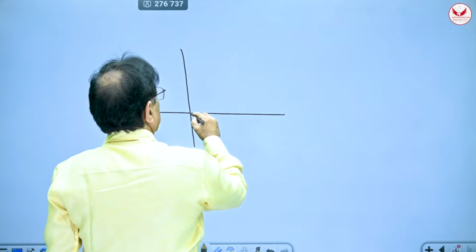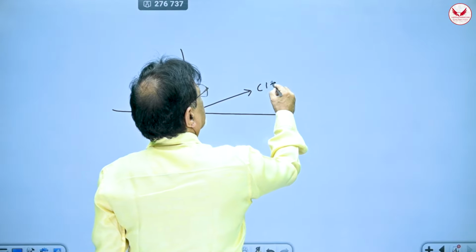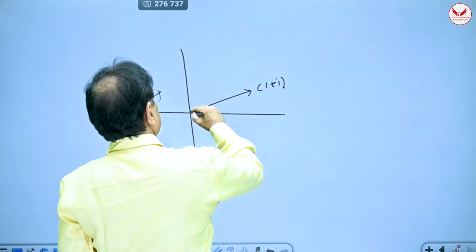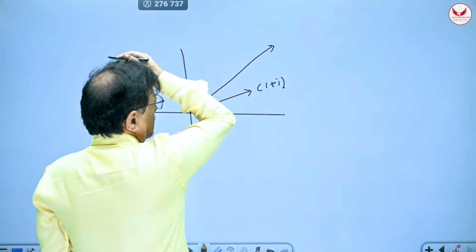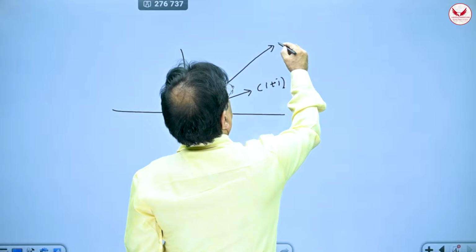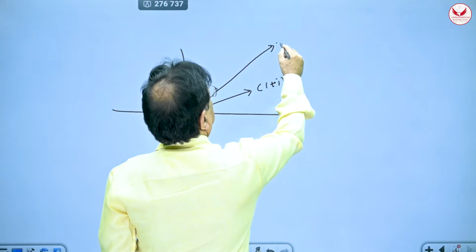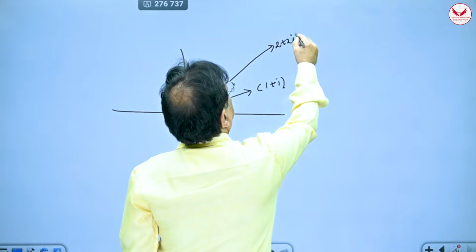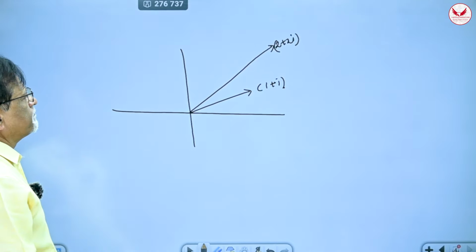Let us take a complex number, this is 1 plus i, correct? And there is another complex number, let us take 2 plus 2i, okay? 1 plus i and 2 plus 2i.